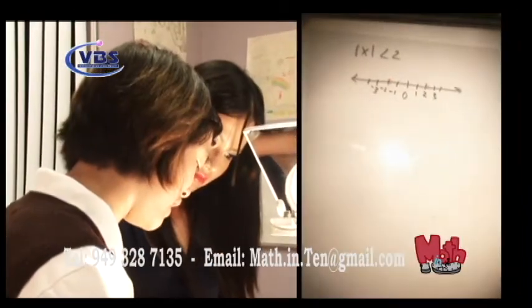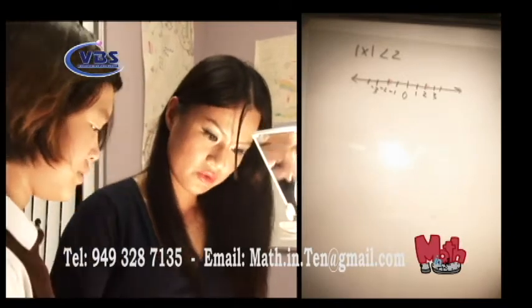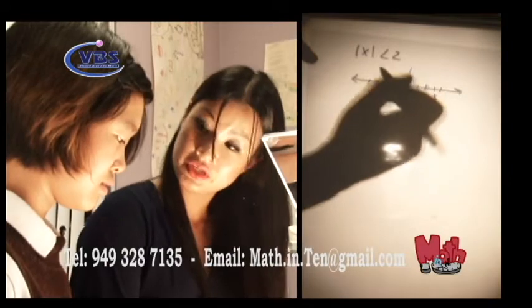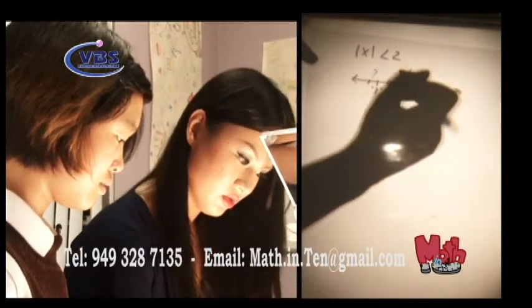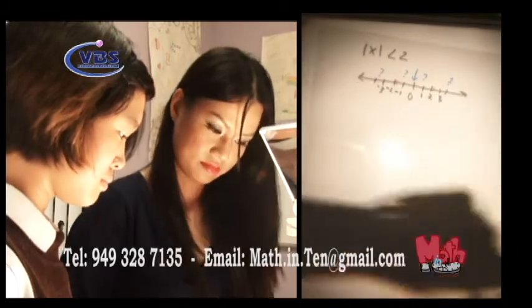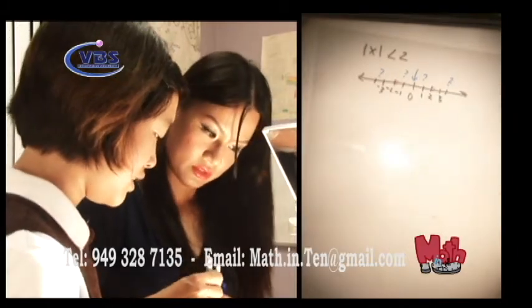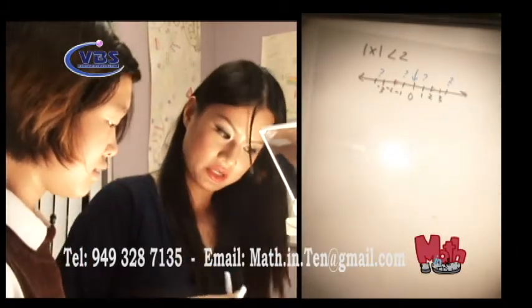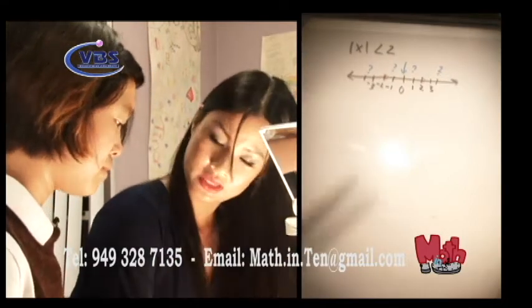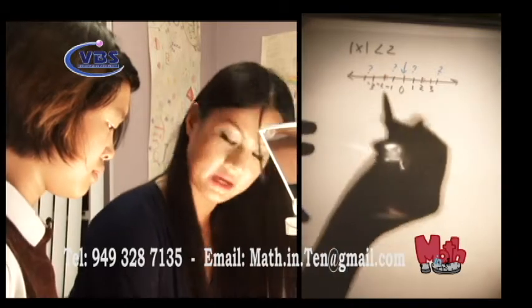2 and negative 2. Okay, so will the numbers that are less than 2 units away from 0 be here, or there, or there, or here? What do you think? In between. Right, because it has to be within 2 units away from 0, forward and backward.